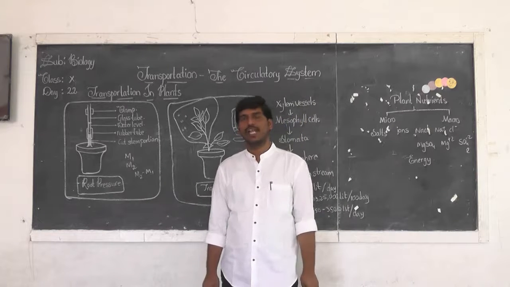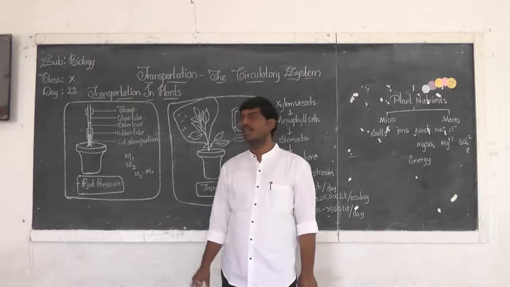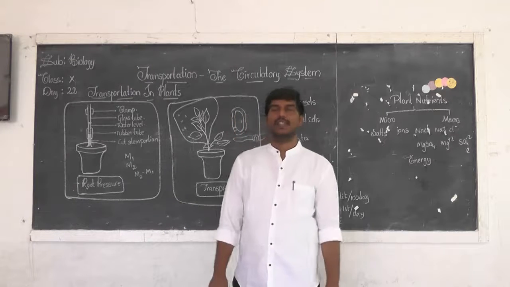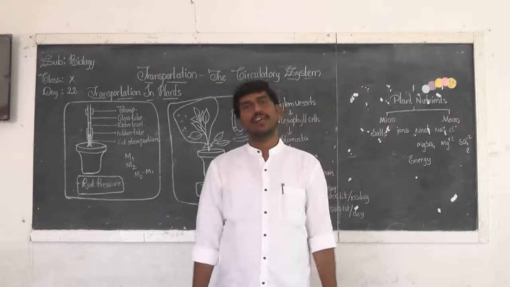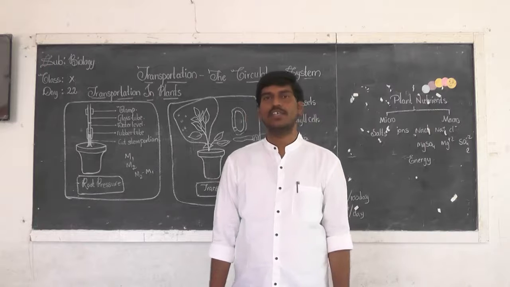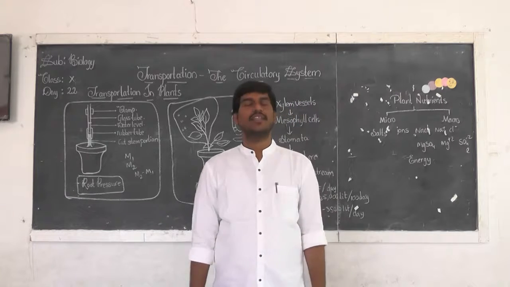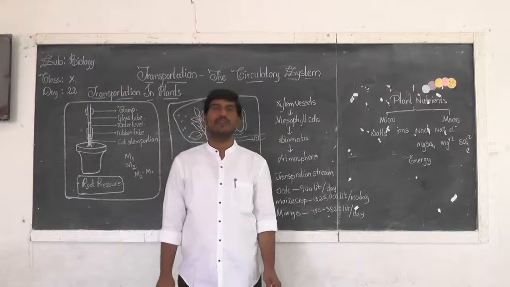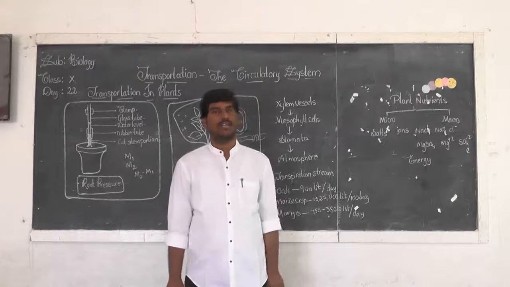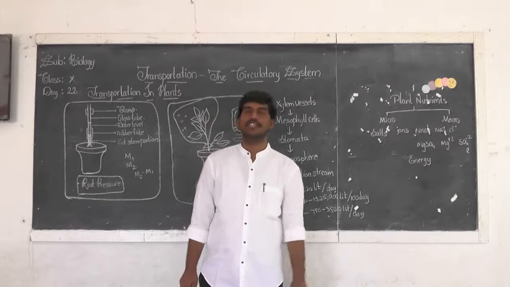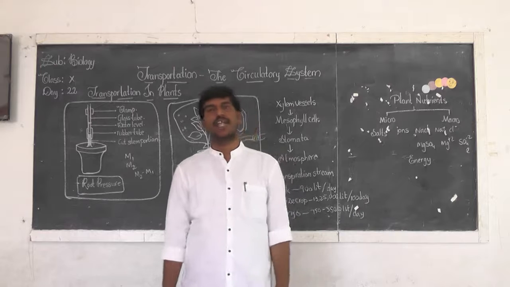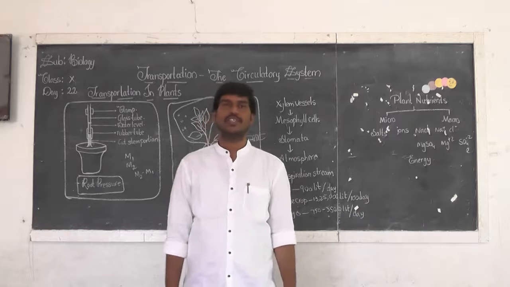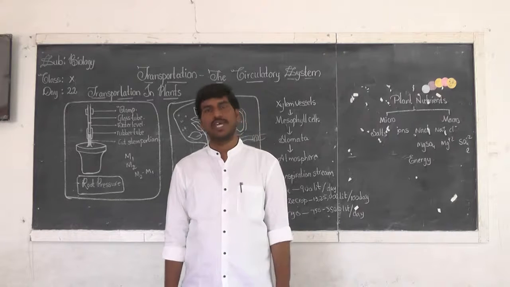The second question, define transpiration. And the third question, how does transpiration help in maintaining annual rainfall, or what is the relationship between transpiration and rainfall? So these are the three questions for your home assignment.